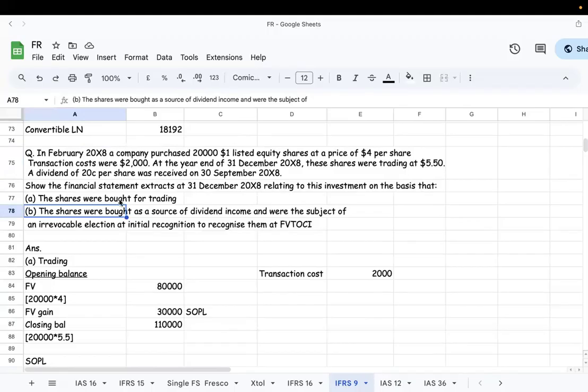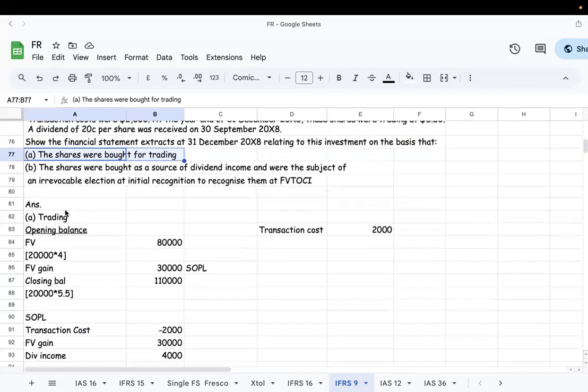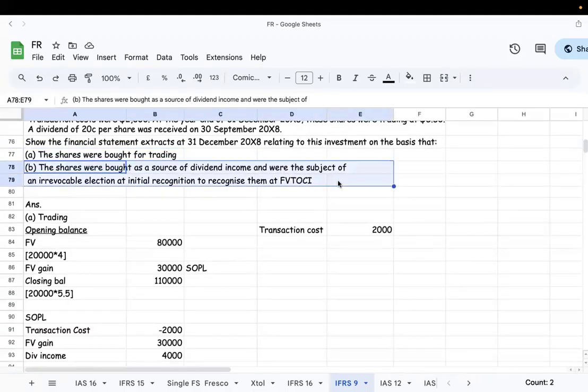Show the SOFP extracts for 31st December 2008 relating to this investment on the basis that first scenario is it is for trading, the second scenario is it is not for trading. The shares were bought as a source of dividend income, so it is cash flow based, and they have decided that the recognition would be through fair value through OCI.